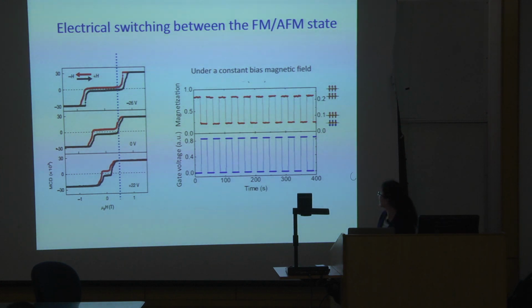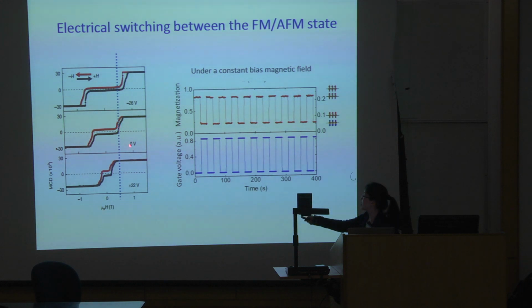And one thing one can show is that you can switch it using gate voltage. We cannot do it under zero magnetic field yet, so this is under a bias magnetic field. So if you look at, for example, this magnetic field, for this electric field, it's in the ferromagnetic state.